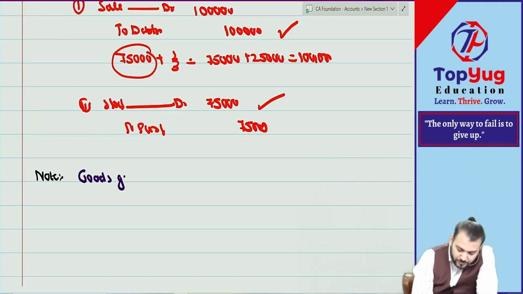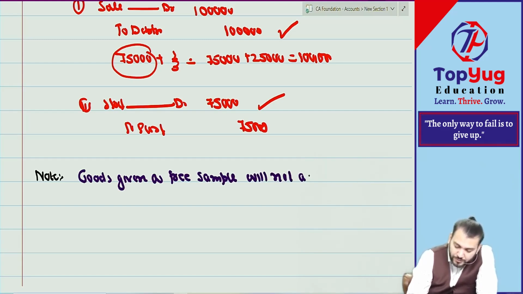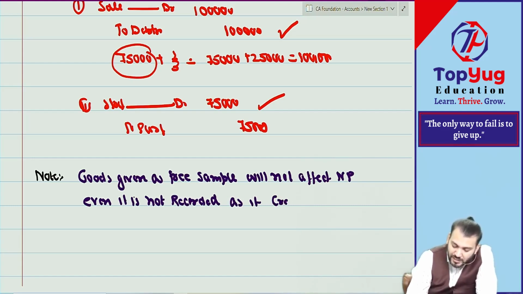Goods given as pre-sample will not affect net profit even if it is not recorded, as it is credited to what?